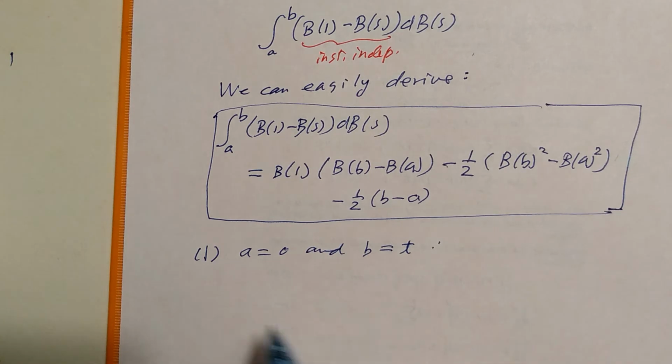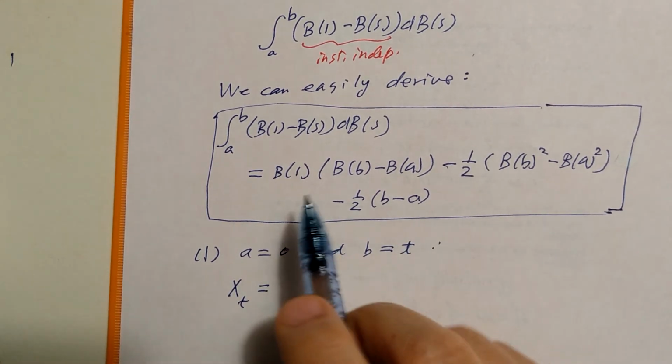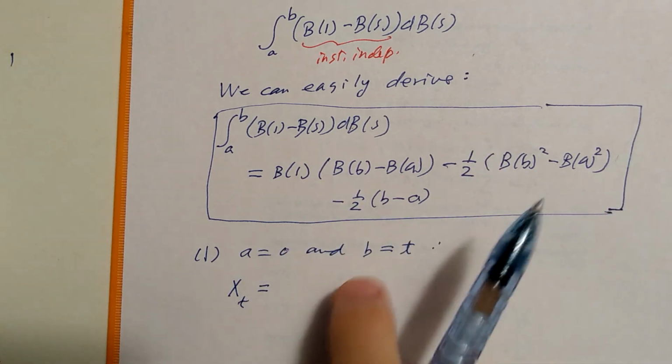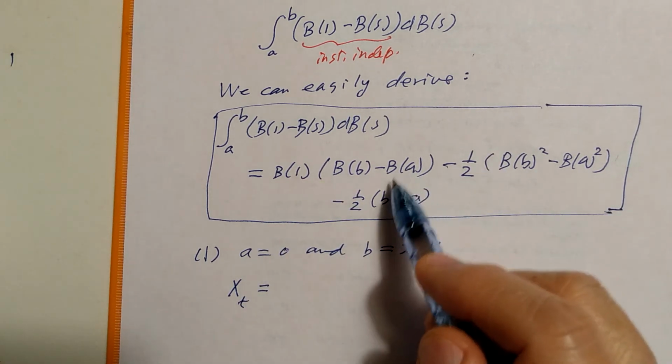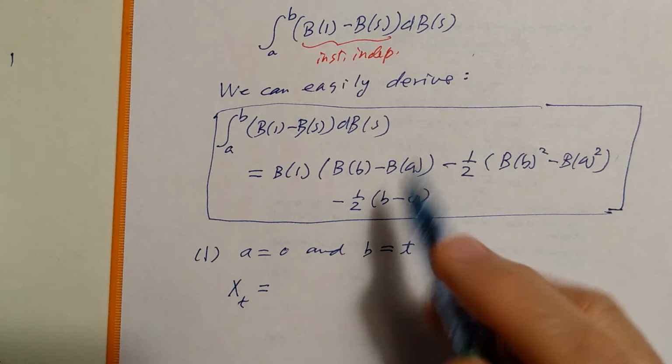In this equality, put A equal to 0 and then B equal to t.